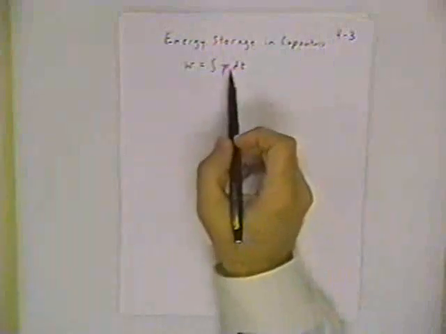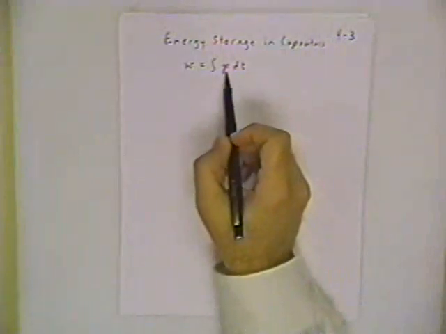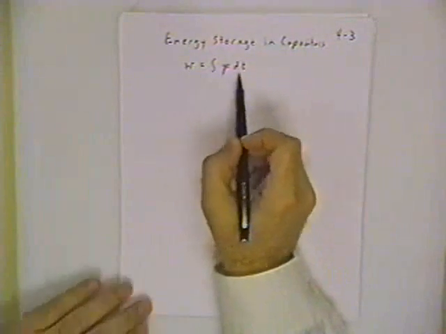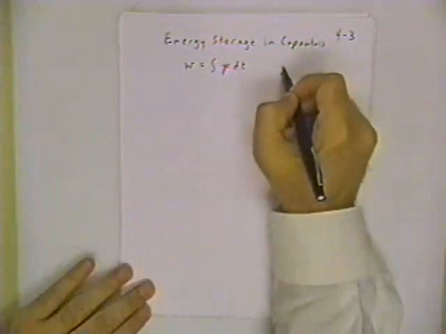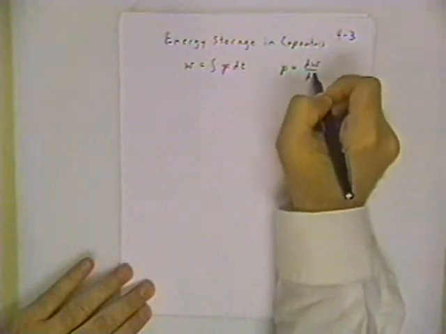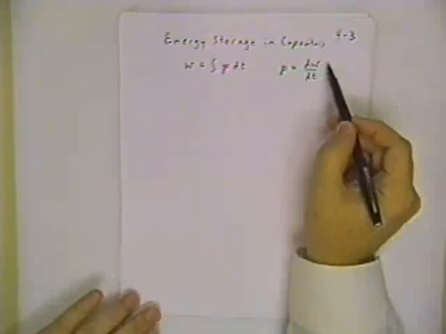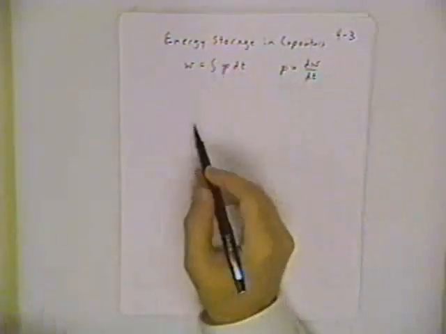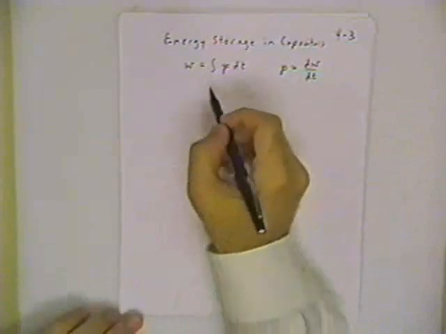Next thing I want to talk about with capacitors is how they store energy in detail, and look at the equation for that. It's going back to basic physics. If you have power in watts and you want to find energy in joules, then you take an integral, because power is the time derivative of energy, the rate of change of energy with respect to time. So just to invert this equation, you go back to an integral form here.